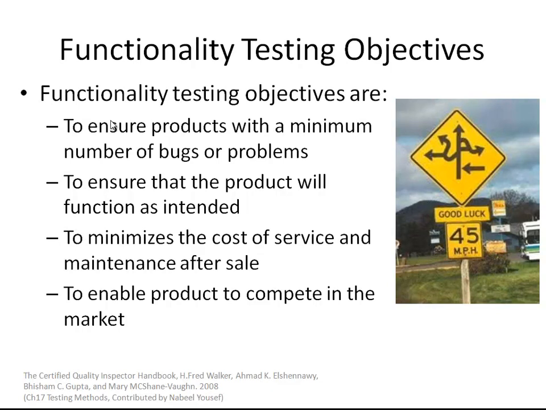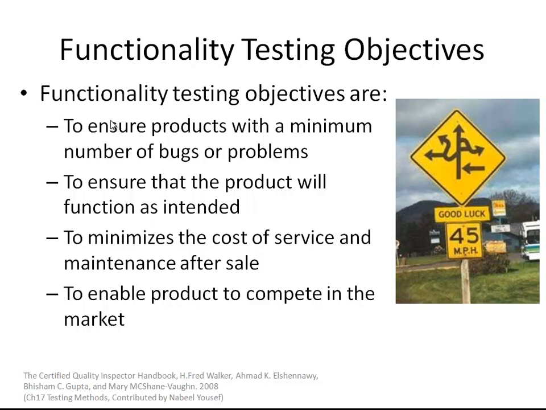Functionality testing objectives. Functionality testing is used to verify whether the product meets the intended design specifications. We look at the product to make sure it has the minimum number of bugs or problems, and we would like to ensure that the product will function as intended.